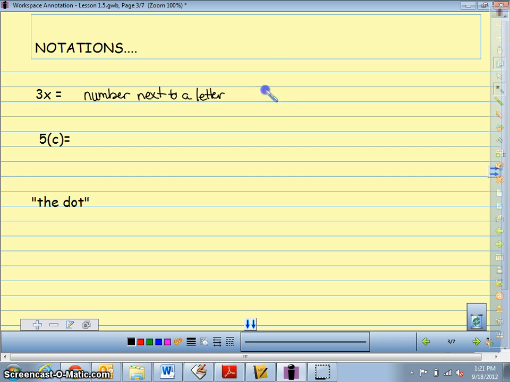It means 3 times x. So again, if I had this written down, 4z, that just means I'm going to take 4 times whatever z is.